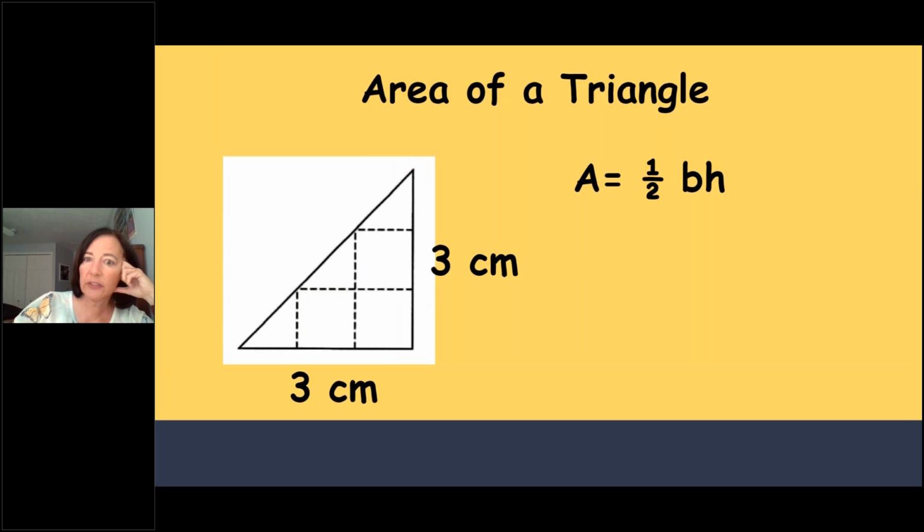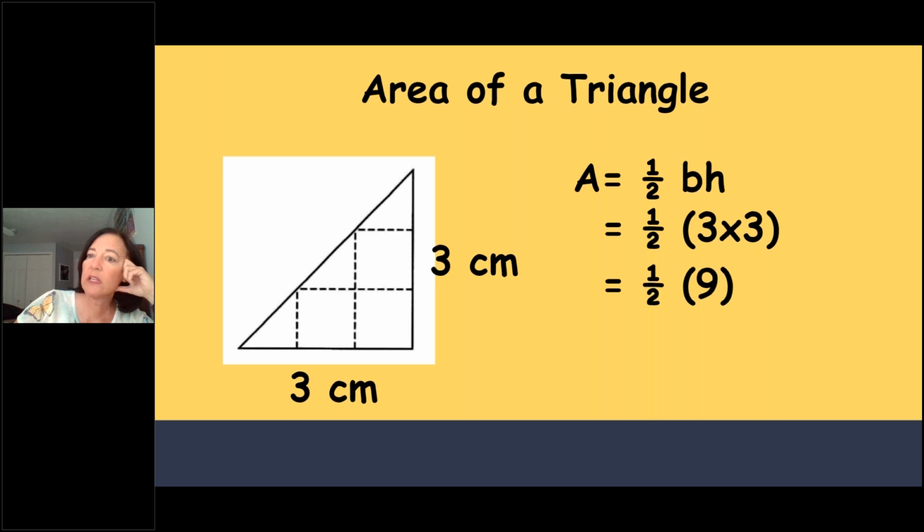Okay, so let's practice one. This triangle's base is 3 centimeters and the height is 3 centimeters. We've got our formula, so we can just substitute the base and the height into our formula. 3 times 3 equals 9. 1/2 of 9 is 4.5.